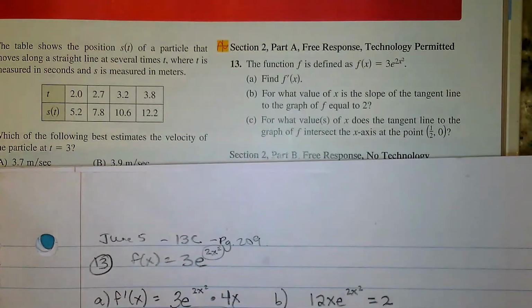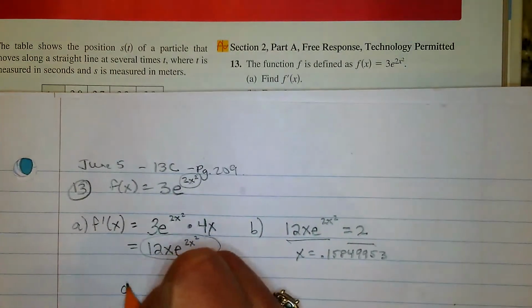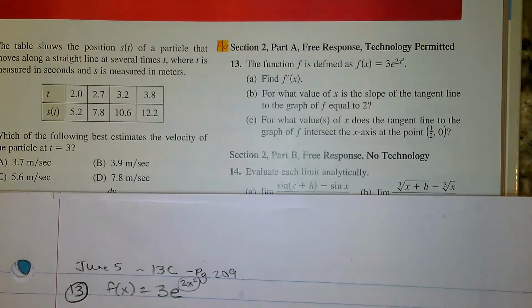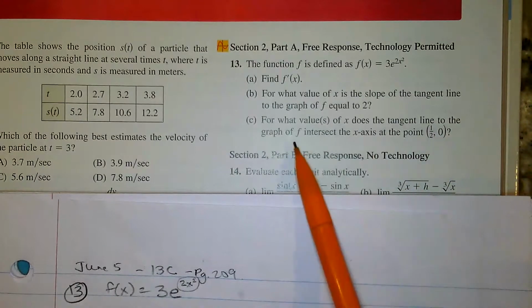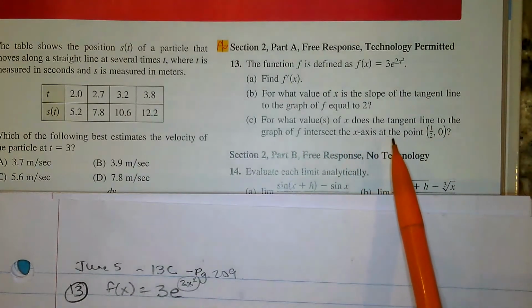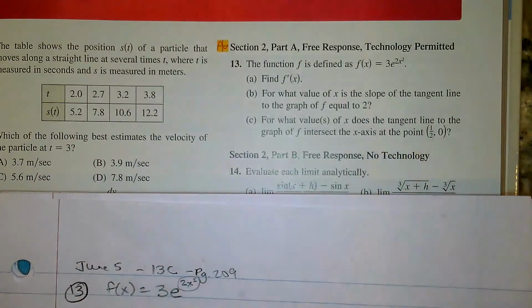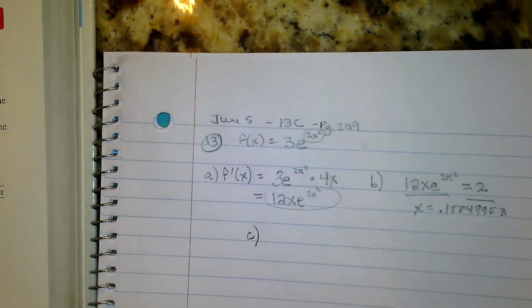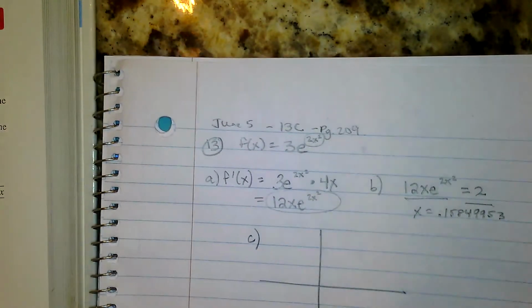So then part C, for what values of x does the tangent line to the graph of f intersect the x-axis at the point 1/2, 0? So let me try to wrap my head around what's going on here. So we have the graph of this function.